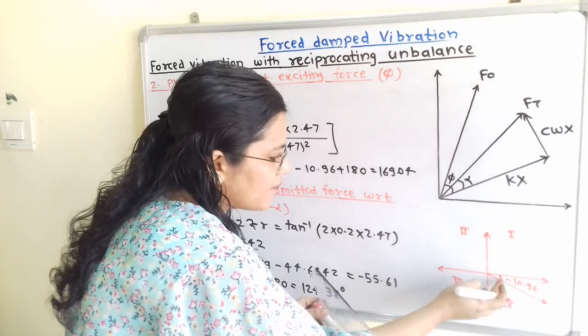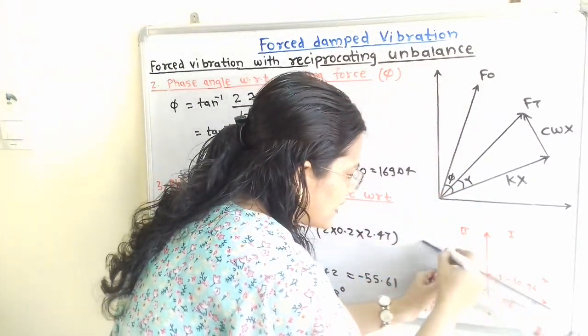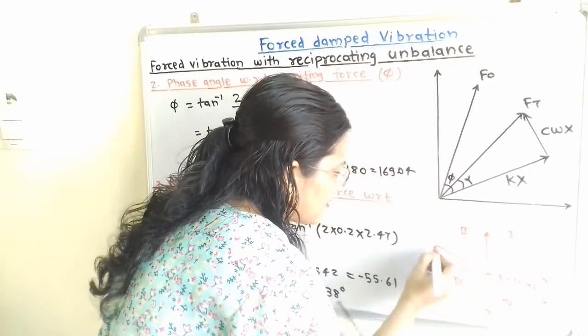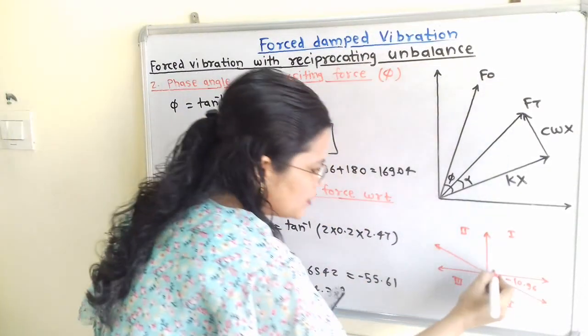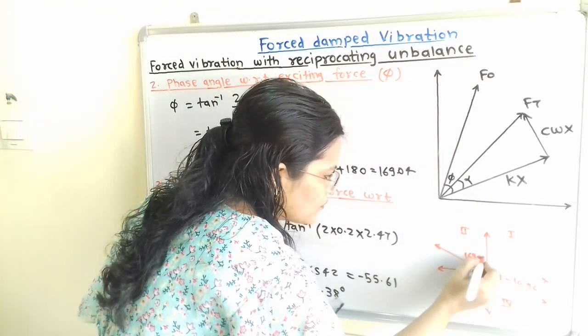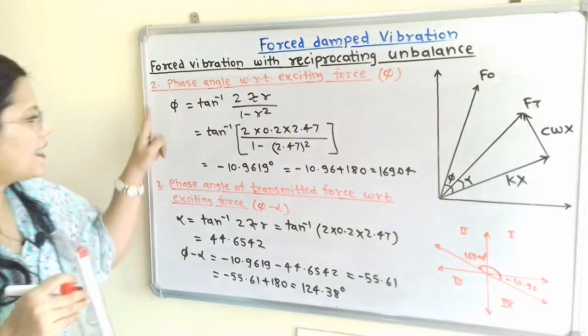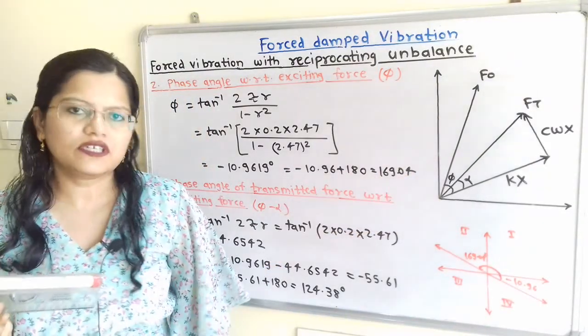If I add 180 degree in the anti-clockwise direction, we get this angle in the second quadrant, and it is 169.04 degree. So we get the answer phi equal to plus 169.04 degree.